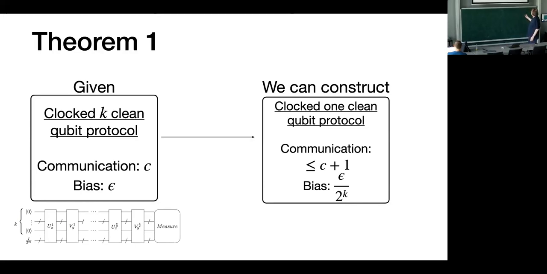Again, instead of K it has only one. The communication is C plus one, and the bias now goes down from epsilon to epsilon divided by 2 to the K. And this is actually a very simple construction.